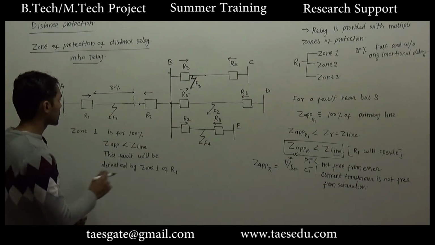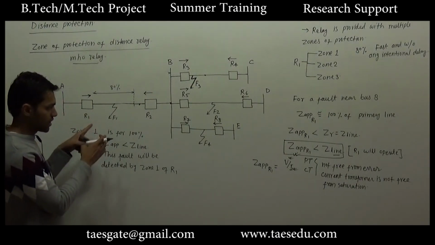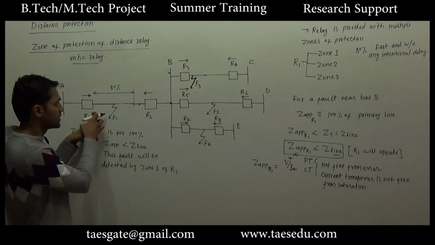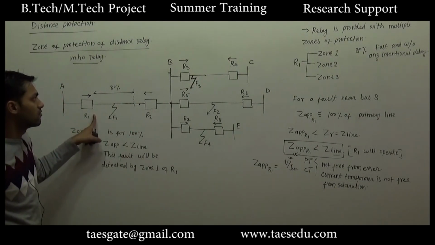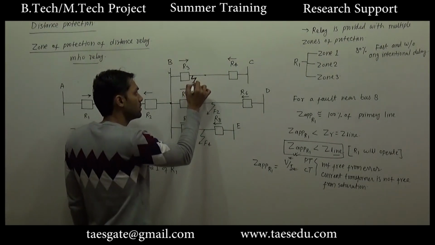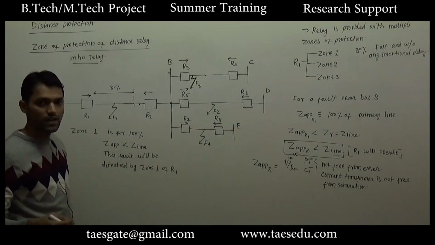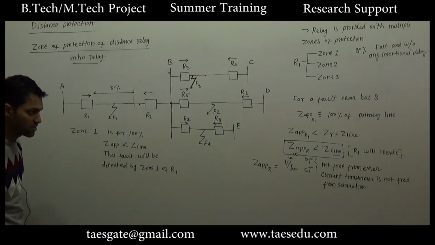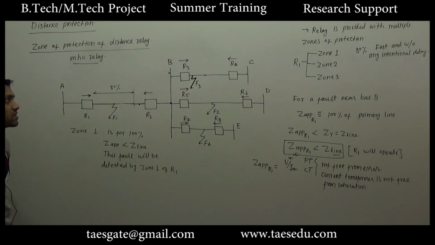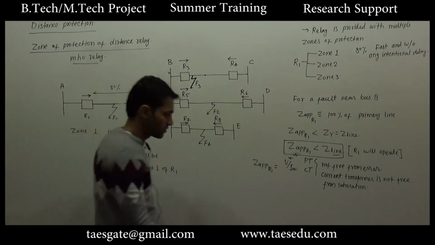When theoretically we are estimating the total impedance seen by relay R1, we are not considering any fault impedance here. So we are taking many approximations or many ideal situations which may not occur practically.